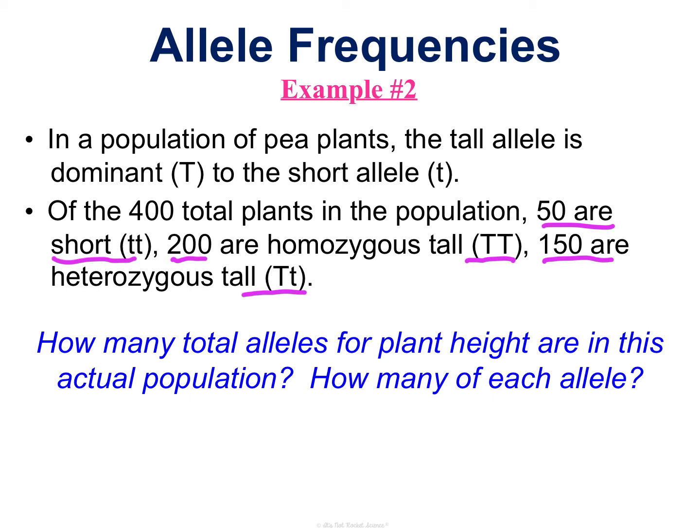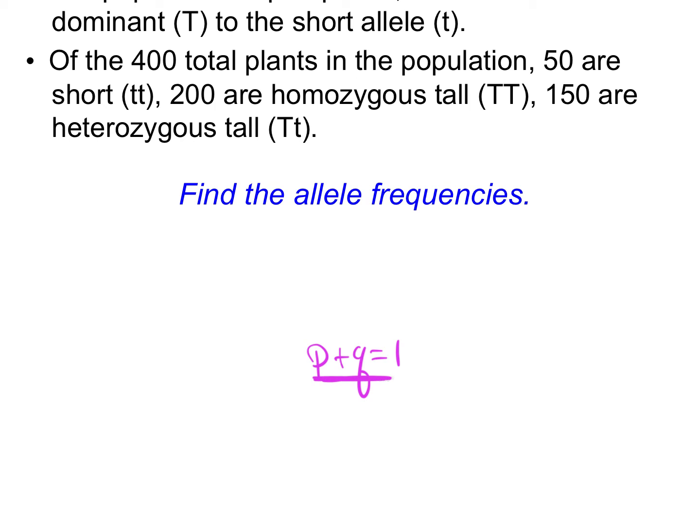That's the question. Okay, so for my frequency of alleles in a population, I have 400 total plants, which means I have 800 alleles in those plants.